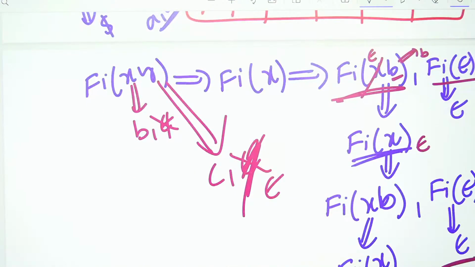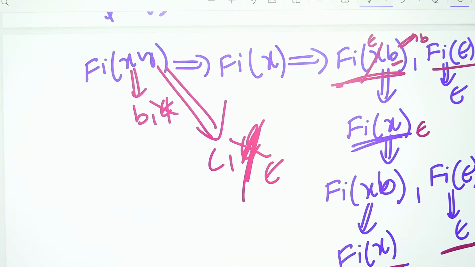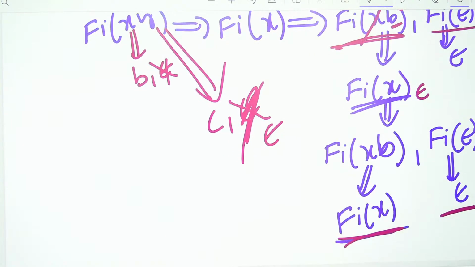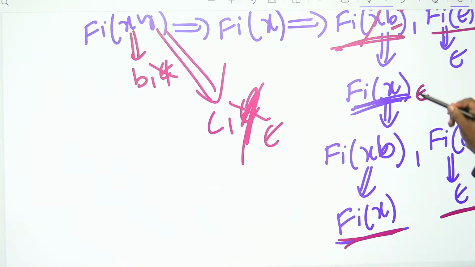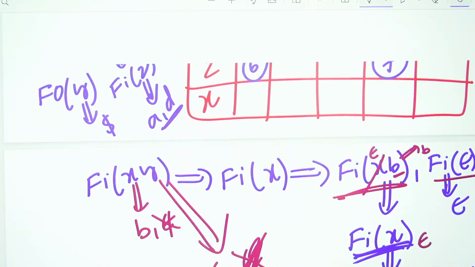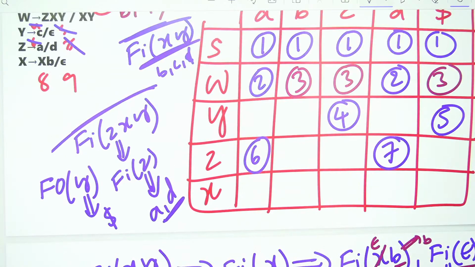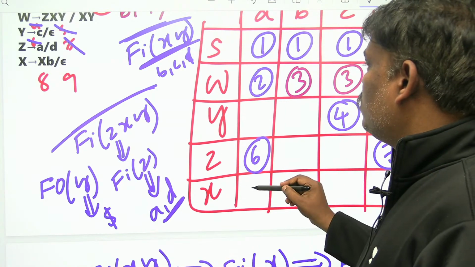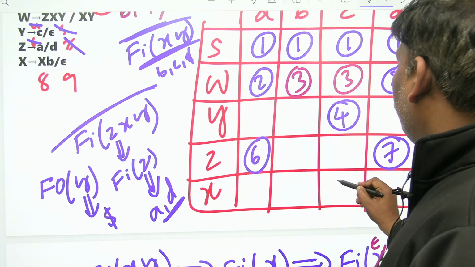But one thing, first of x means epsilon also. Keep epsilon, so this is b. First of xb is b because x is epsilon, b came. So 8th production will go to x row b.